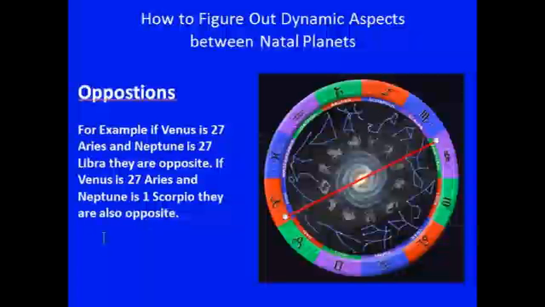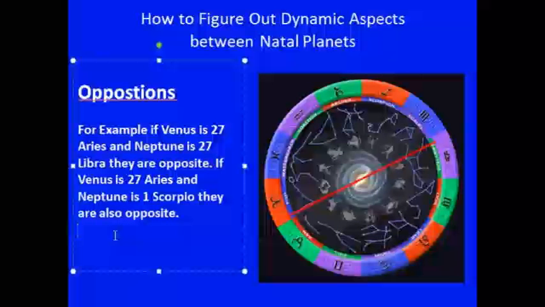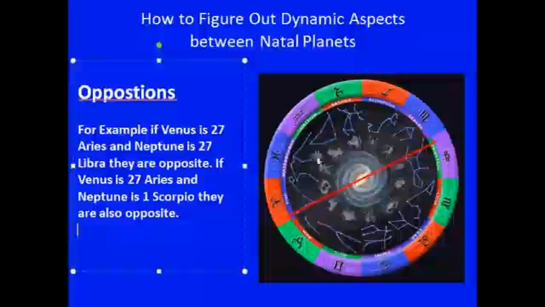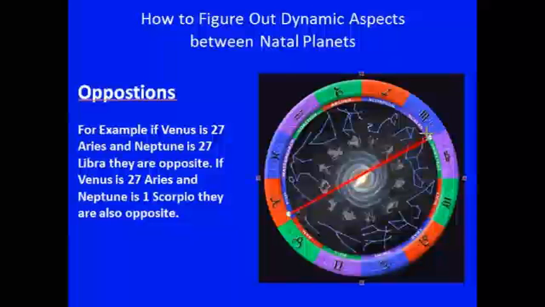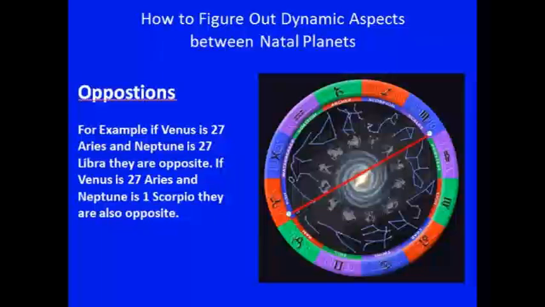It looks like it moved somehow. And then it's an exact opposition. However, if Neptune happens to be at 1 degree Scorpio, so just gone into Scorpio, then it's still a pretty exact opposition.